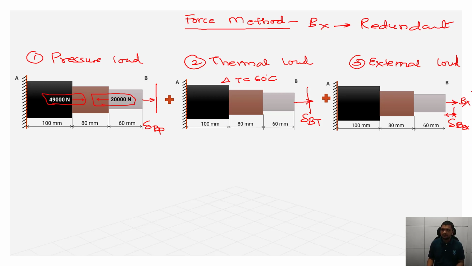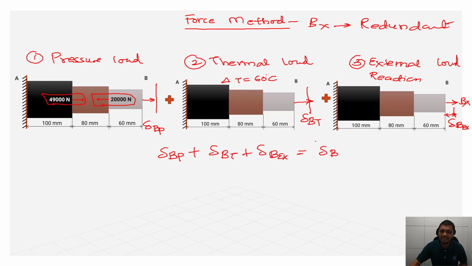So basically there are three forces: pressure load, thermal load, and external load because of reaction, right? We are eliminating this B end force. So delta B, the total deformation, will be delta BP plus delta BT because of thermal load, and delta B external because of the reaction load, right? So there will be total deformation of the B end, this much.